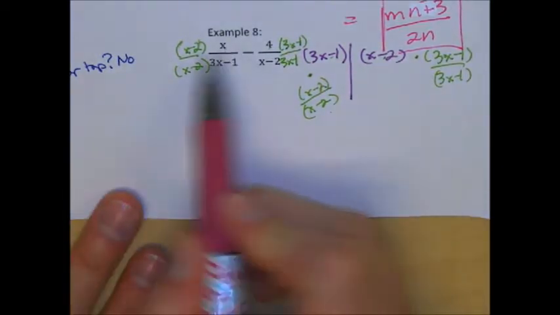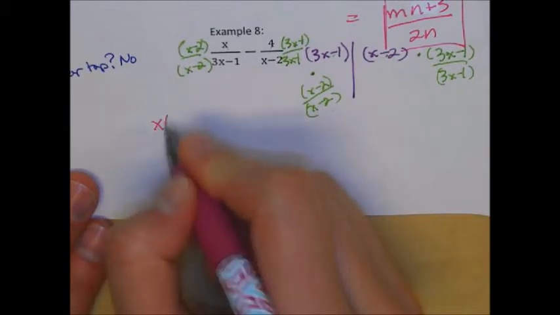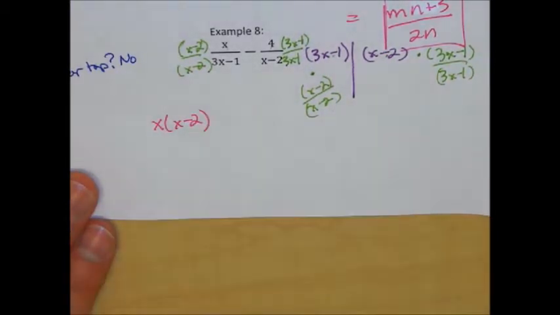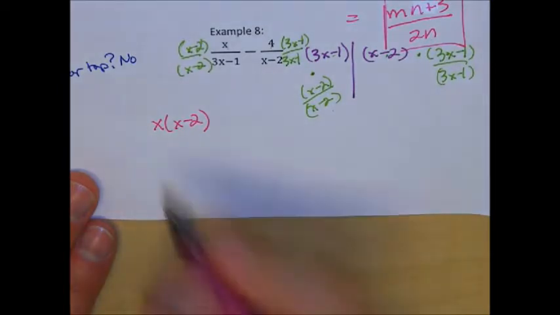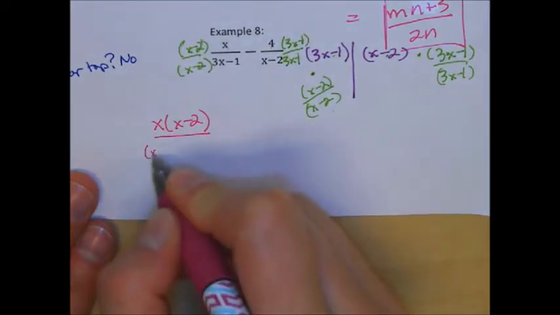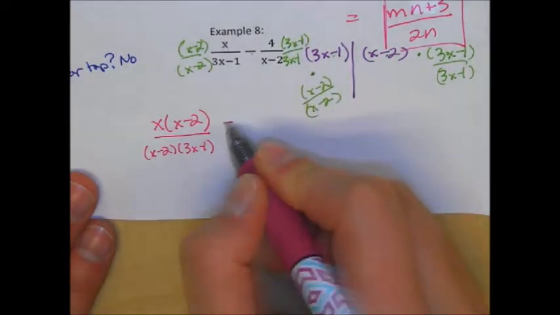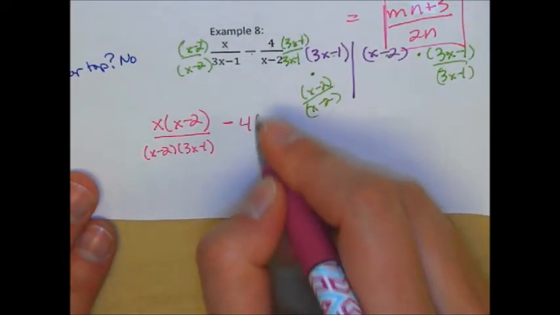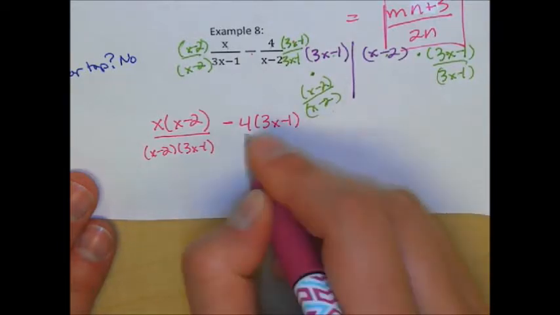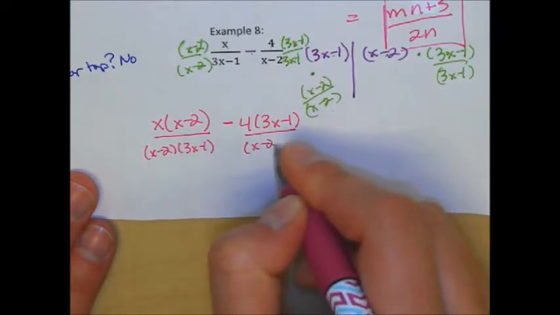So I have x times x minus 2 over my denominator minus 4 times 3x minus 1 over my denominator.